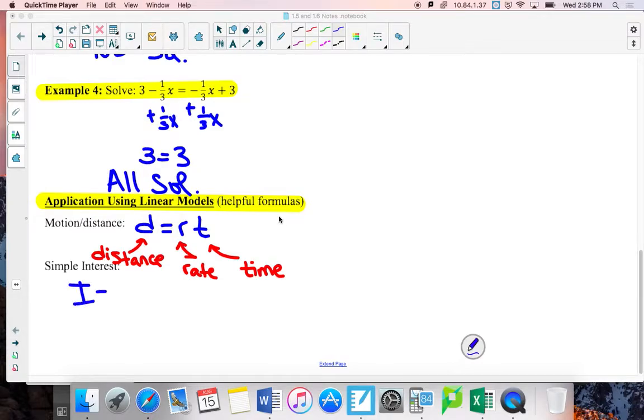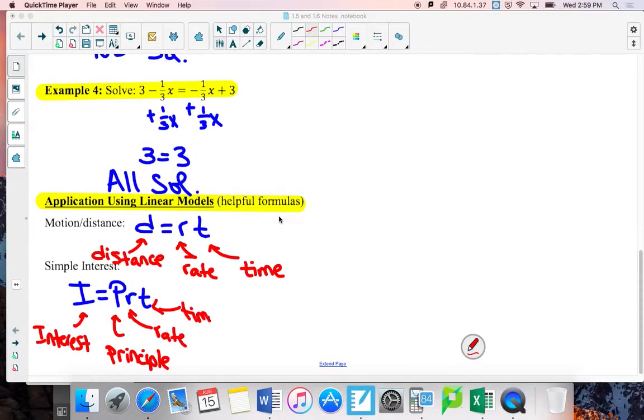I equals PRT. I is representing interest, how much money you will earn. P is principal, how much did you originally put in. R is still a rate, and T is still time. So those are just 2 that we will commonly use, and there could be some more as we go through as well.